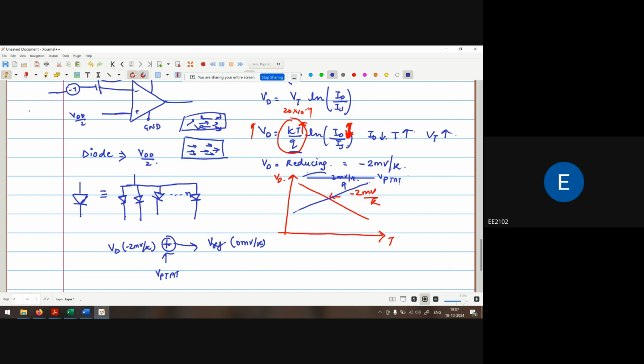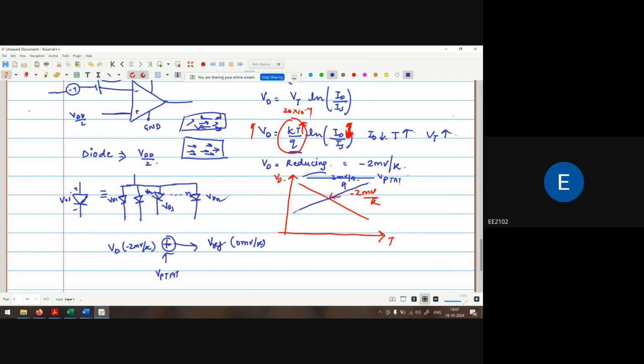Okay, so if one diode has a voltage drop of VD1, this one has a voltage of VD2, VD3, and so on up to VDN.